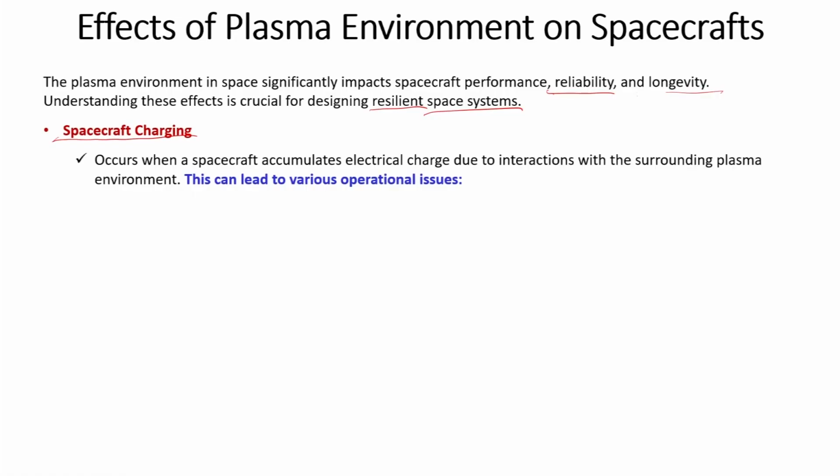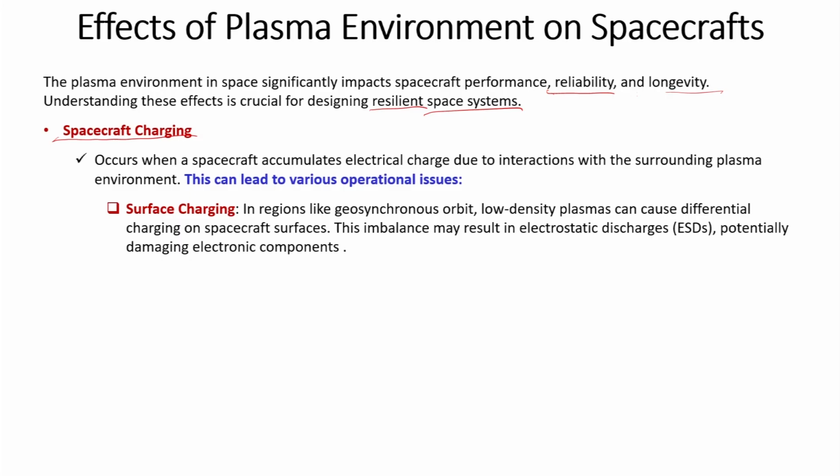Because of this, it can lead to various operational issues like surface charging. In regions like geosynchronous or geostationary orbit, the plasma density is low but the particles have very high energy. Low density plasmas can cause differential charging. We will also explain what differential charging is. Differential charging means different parts of the spacecraft will acquire different potentials.